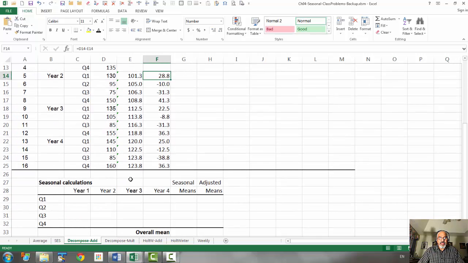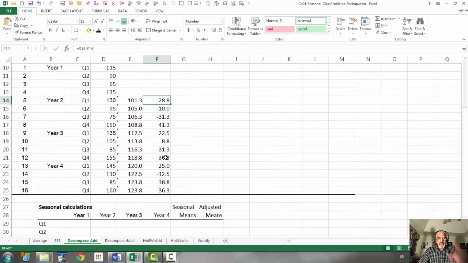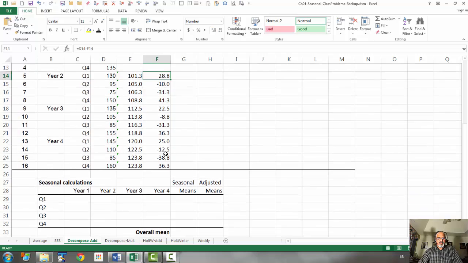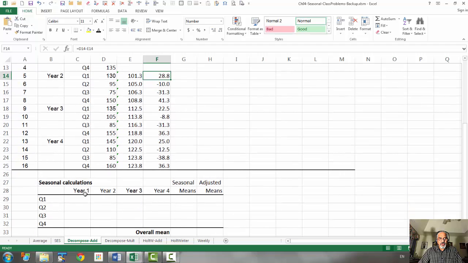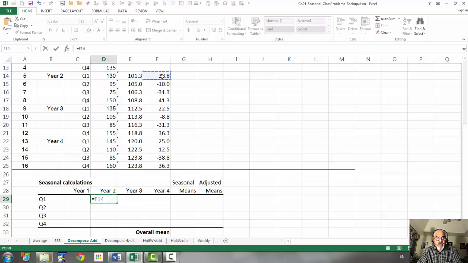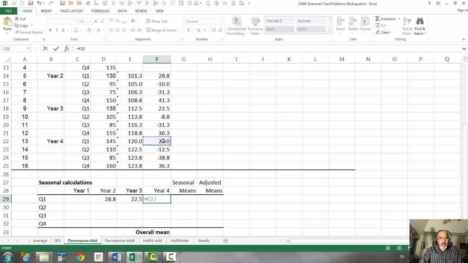So now we can assemble these detrended values. Only the seasonal factors, the additive factors are here, and there is no additive factor for year 1, so that will be blank. So year 2 quarter 1, year 3 quarter 1, and year 4 quarter 1.